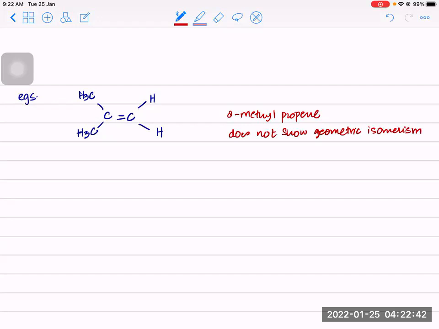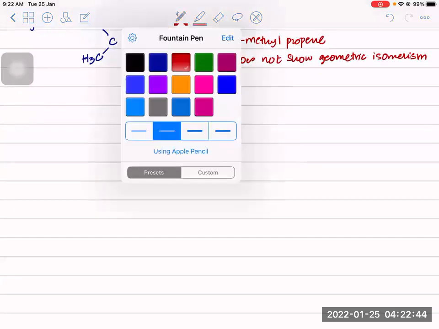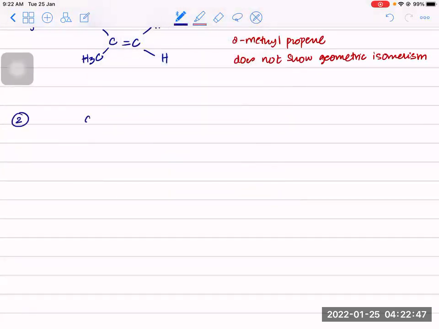Let's see another example. If we have this, can this show cis-trans isomerism? So the first criteria is carbon-carbon double bond. On each carbon, you must have 2 different atoms or groups. Are they both different? Yes.